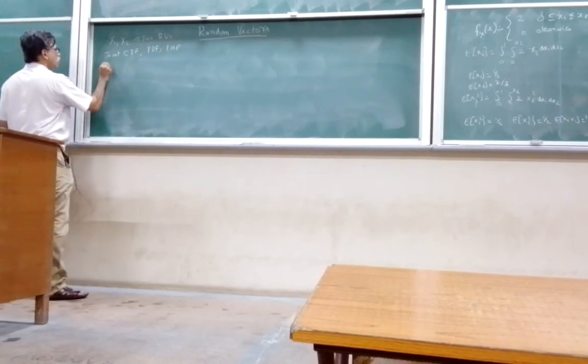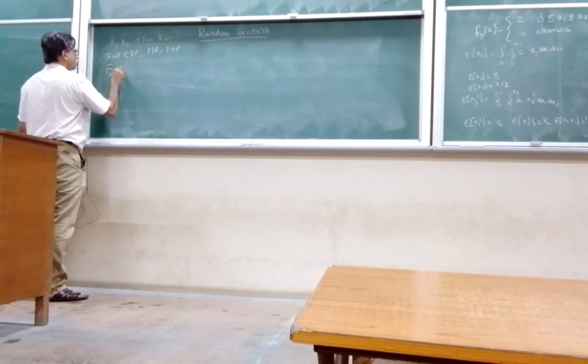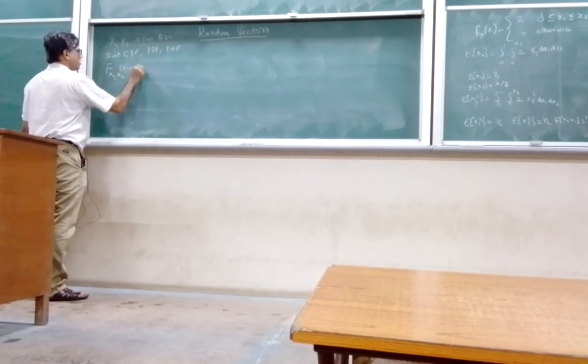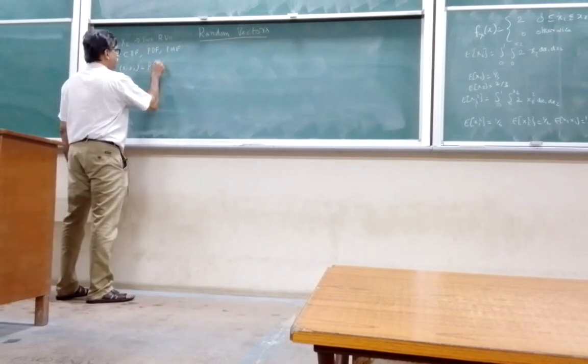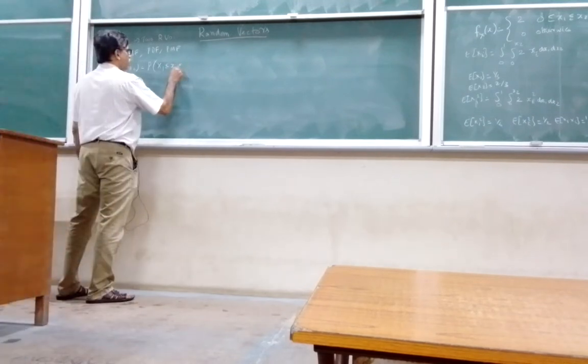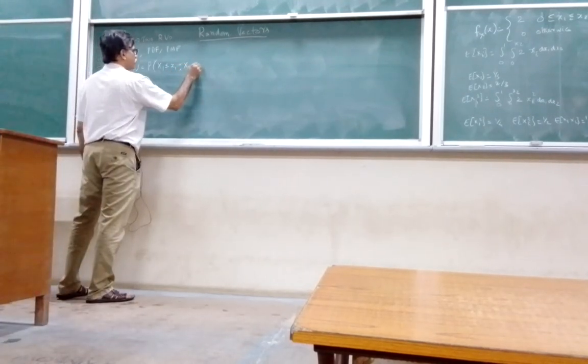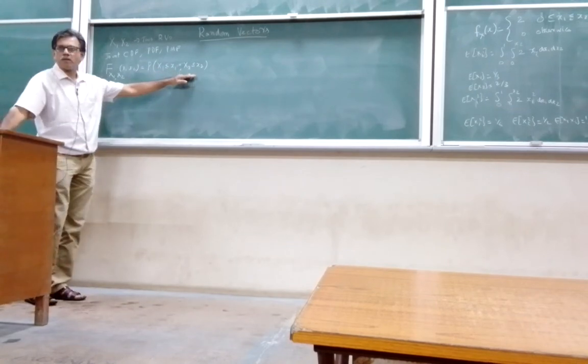For example, the joint CDF is denoted like this, which is defined to be the probability that X1 is less than or equal to small x1 and X2 is less than or equal to small x2, and so on. That is, both conditions have to be obeyed.